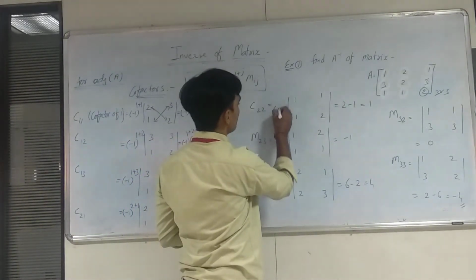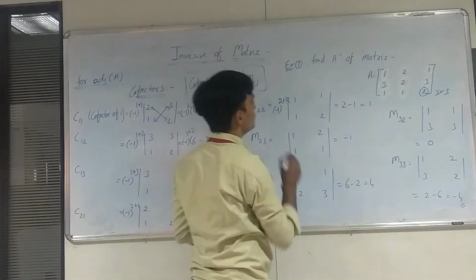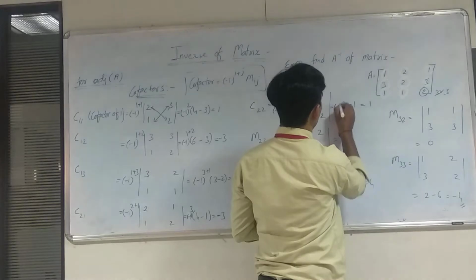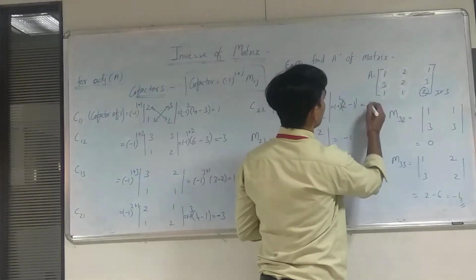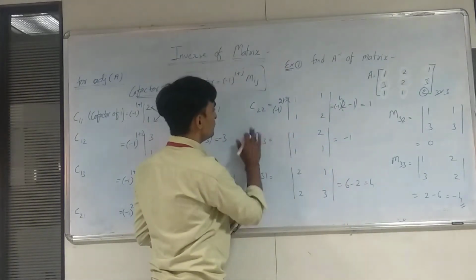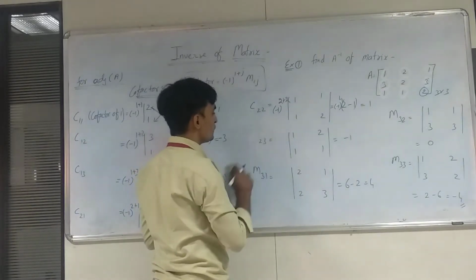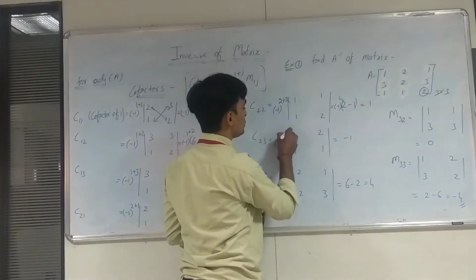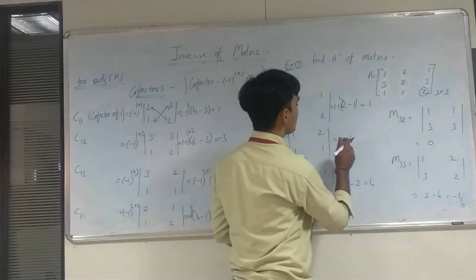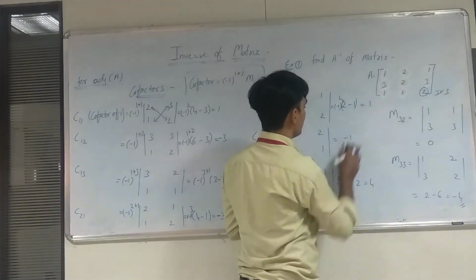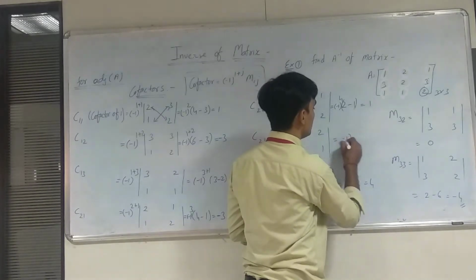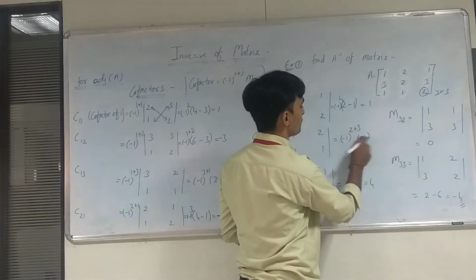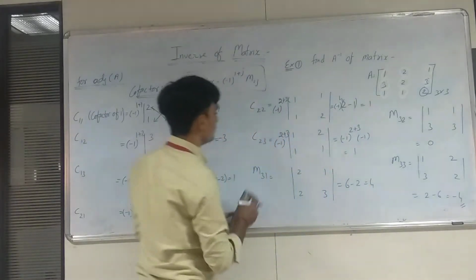C22, minus 1 power 2 plus 2, minus 1 power 4, so it is again the same, 1. C23, minus 1 power 2 plus 3, into minus 1, so it is minus 1 into minus 1, which is 1.